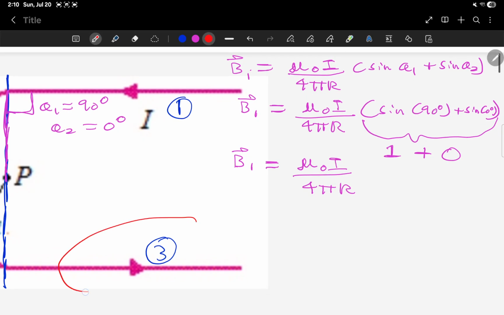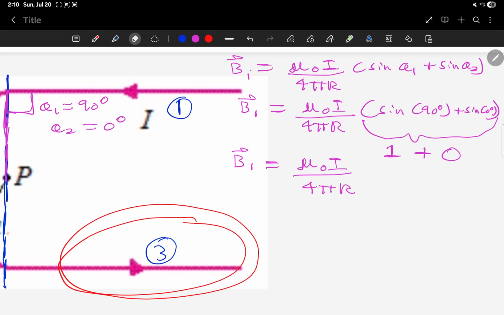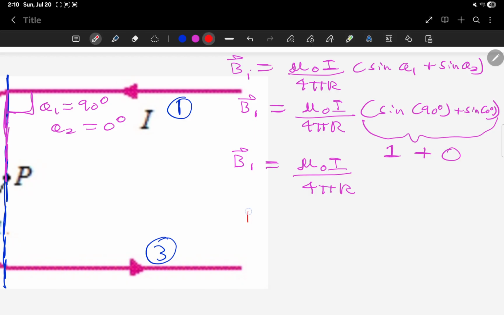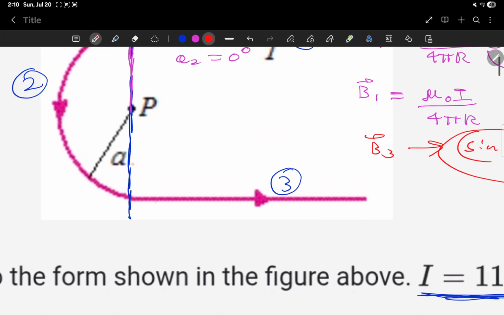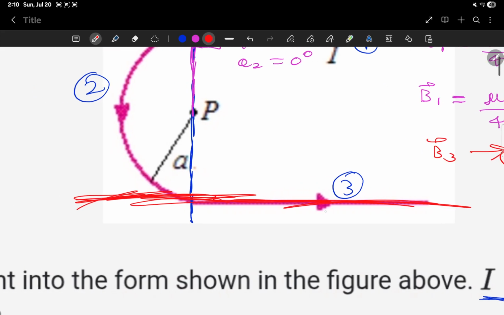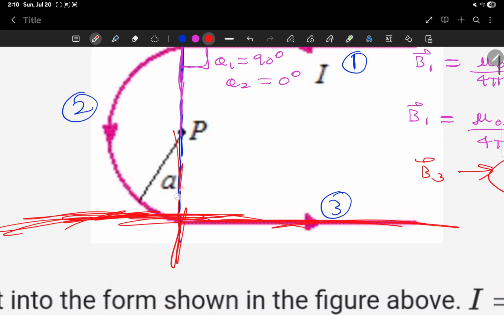Now I wanted to point something out for the third segment as well. It's the same thing for the third segment, except that when we talk about sine of theta 1 and sine of theta 2, the specific portion of that larger formula, we see that if the wire here was infinitely long, the angle here would be 90 degrees.